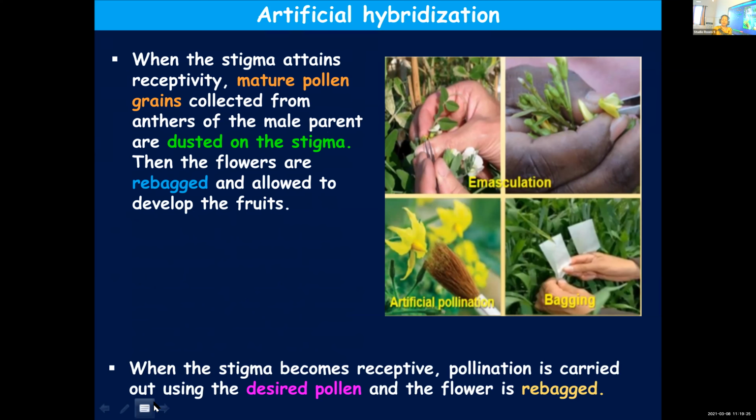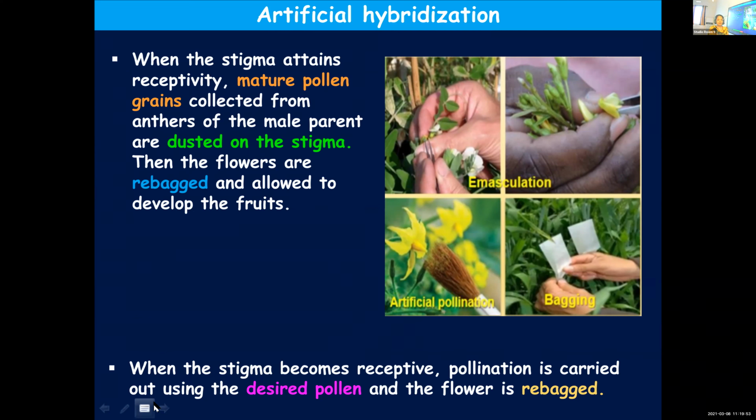And the plant breeder will wait till the stigma attains receptivity. At that stage, he will collect matured pollen grains from the male parent and dust them on the stigma of the female flower, and then he will bag it again. It was kept covered, it was bagged. This bag will be removed, pollen will be dusted, again it will be rebagged, and it will be allowed to form fruits and seeds.